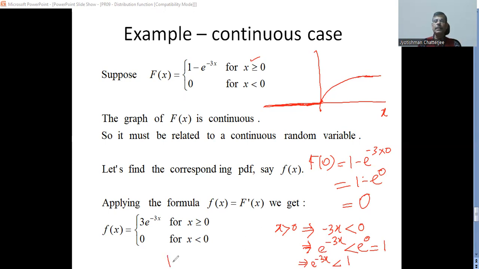So 1 minus e to the power minus 3x is less than 1, that's correct. I want to show that this expression is less than 1.